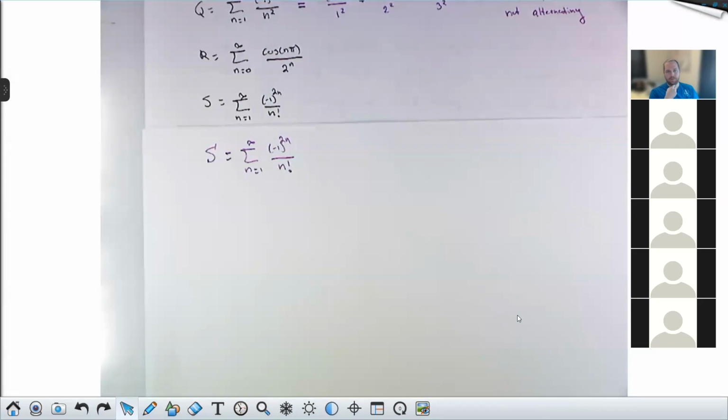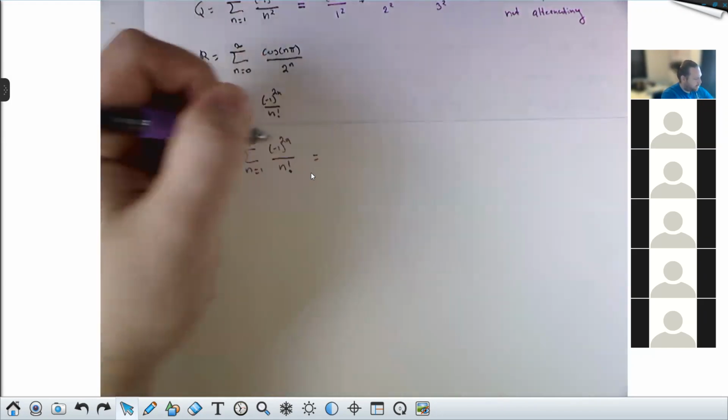It's due to the exponent on the numerator is going to be always even. Perfect. Yeah, the power of -1 here, 2n, is always even, which means the terms here are actually going to be all positive, right?